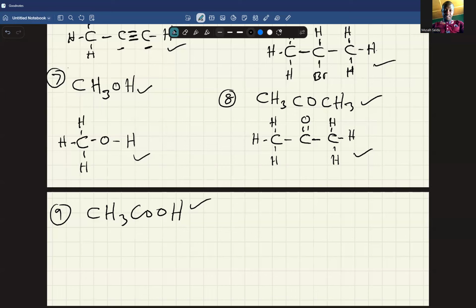Now, the first C has 3 H surrounding it, and it's bonded to C on the right. And that has O, which is a double bond, and it is bonded to the hydroxide. So that is the structural formula of this one, which is ethanoic acid.